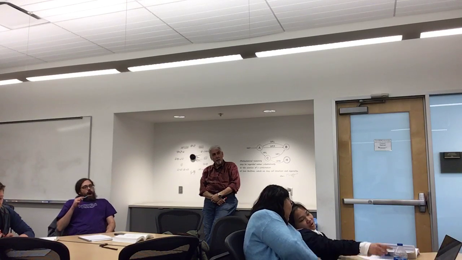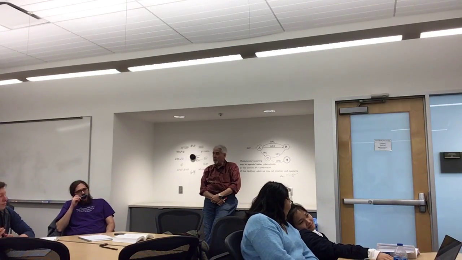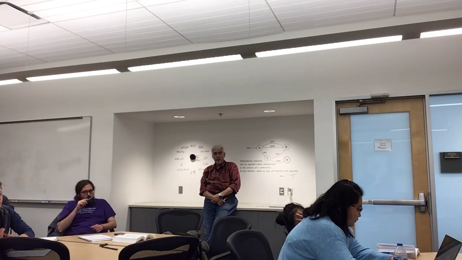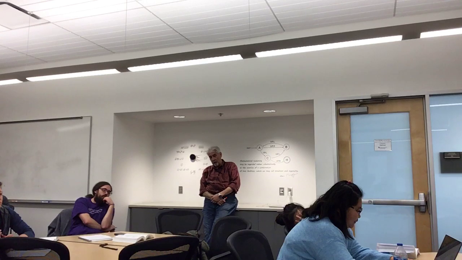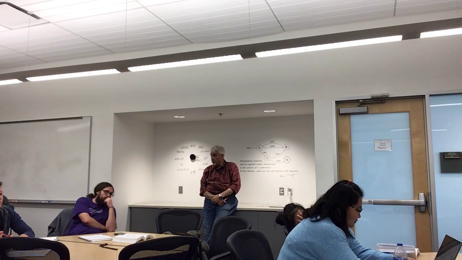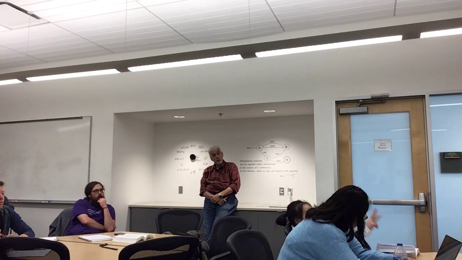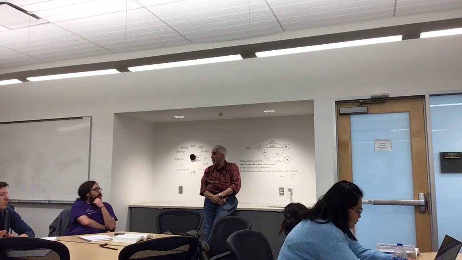What I want you to be thinking about is: what do you need for a graph to be traceable? What do you need for a graph to be Hamiltonian? Can you find graphs with a lot of edges that are not Hamiltonian? Can you find graphs with very few edges? What's the fewest number of edges in a Hamiltonian graph? How many edges do you need for a Hamiltonian cycle? n.